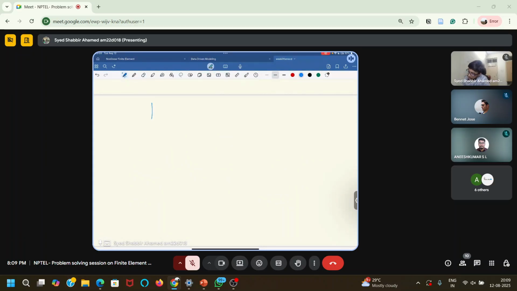Let's say you have two springs, and they are connected like this. These two springs are connected in series, right? Yes, sir.